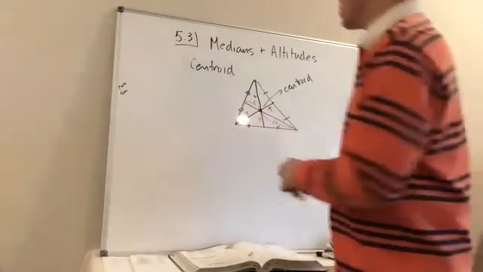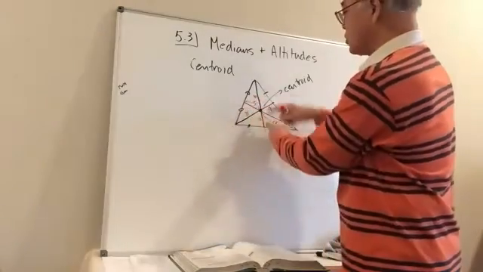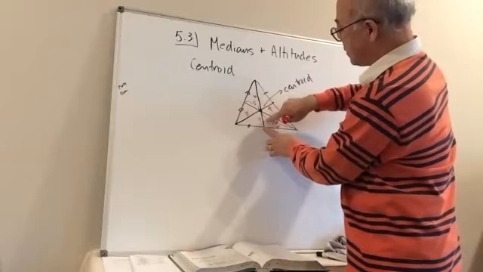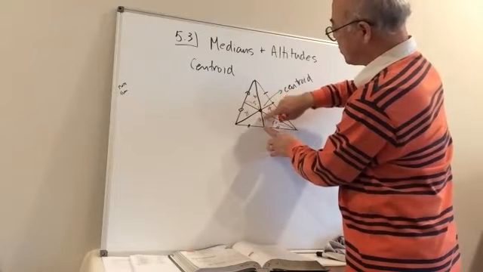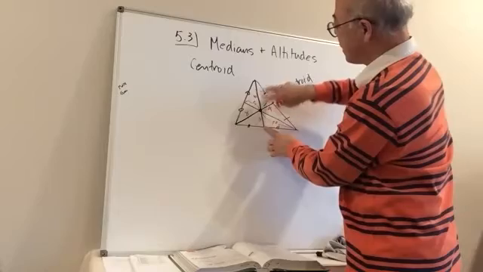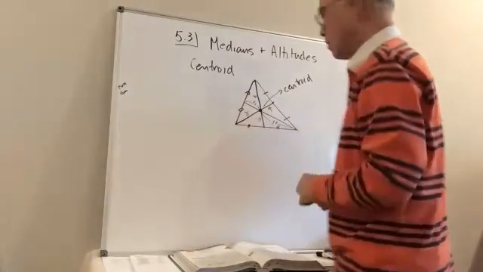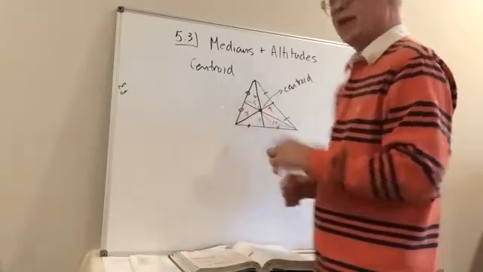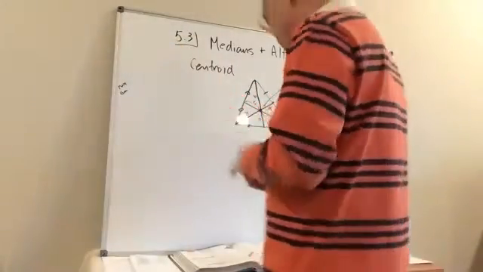So it's at the 2/3 or 1/3, depending on where you're looking, and it cuts it such that this is 1 and this is 2. In other words, 3 to 6, 4 to 8, 5 to 10. It's always going to be that 1 to 2 ratio.